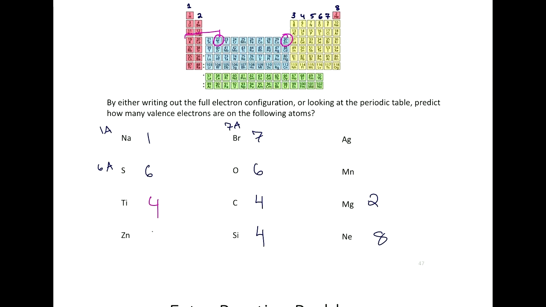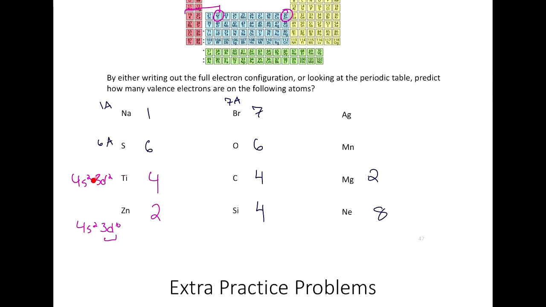So zinc actually only has 2 valence electrons here. And the reason, I'll write it out: zinc is 4s2, 3d10. And so those d10 electrons are just so low in energy, they'll never get lost. But those 4s electrons will. Versus titanium is 4s2, 3d2. These electrons are more similar in energy, so all of them can be lost. And that's the real reason.